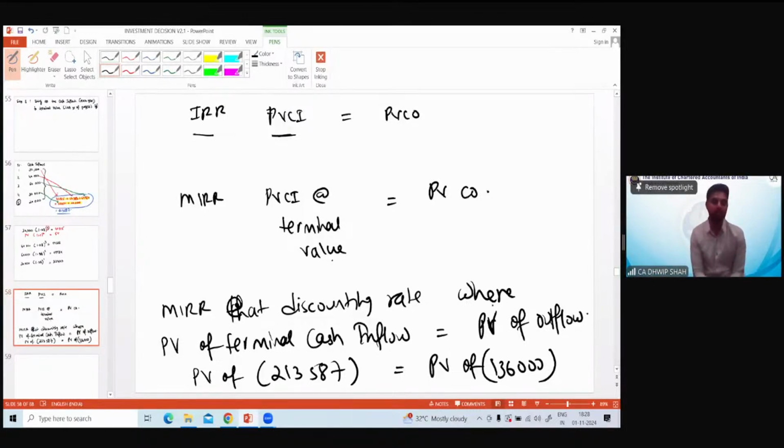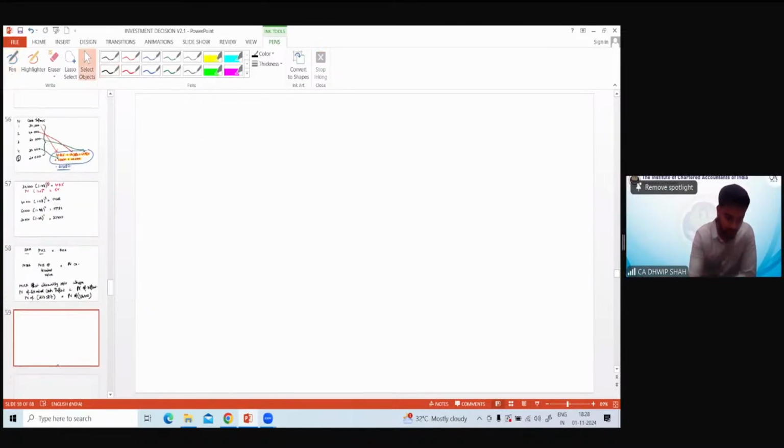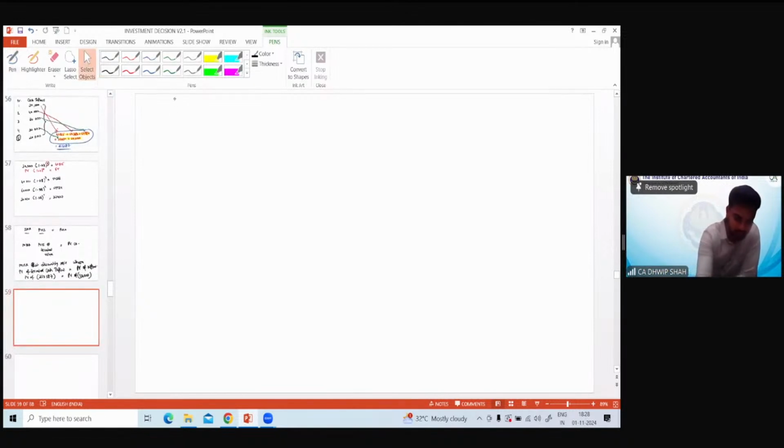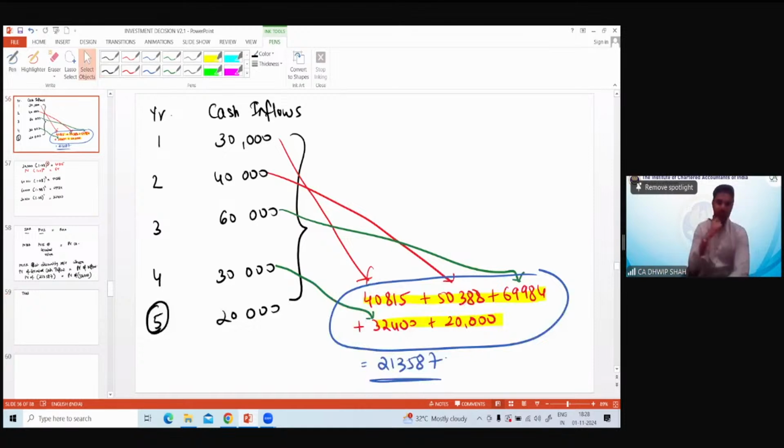So again, we will use trial and error method. Okay? Let's take trial 1. Now my cash inflows, understand very carefully, I have to discount only for the year 5.